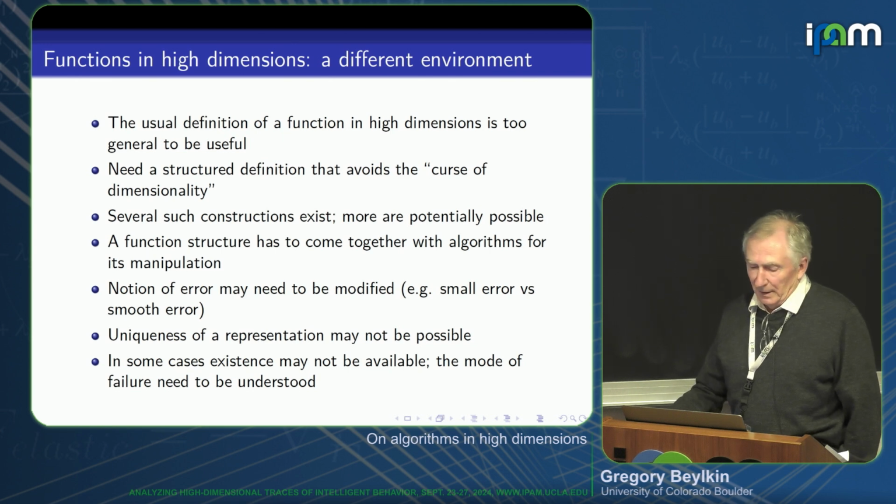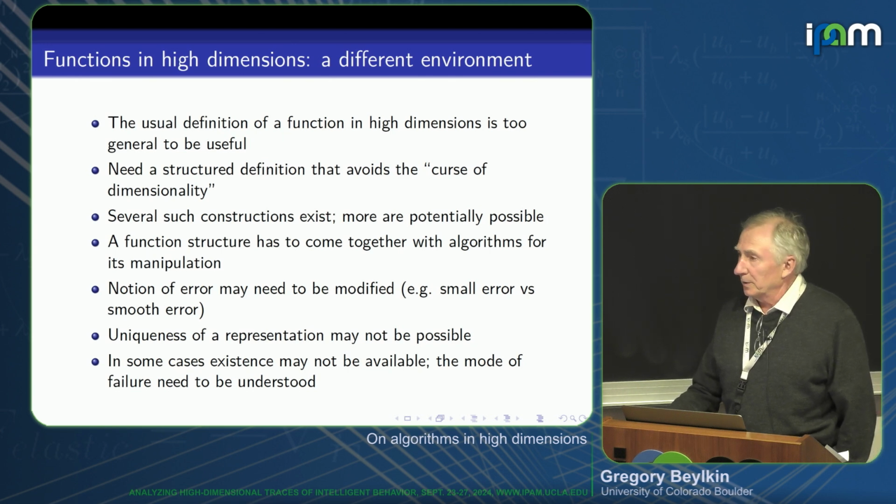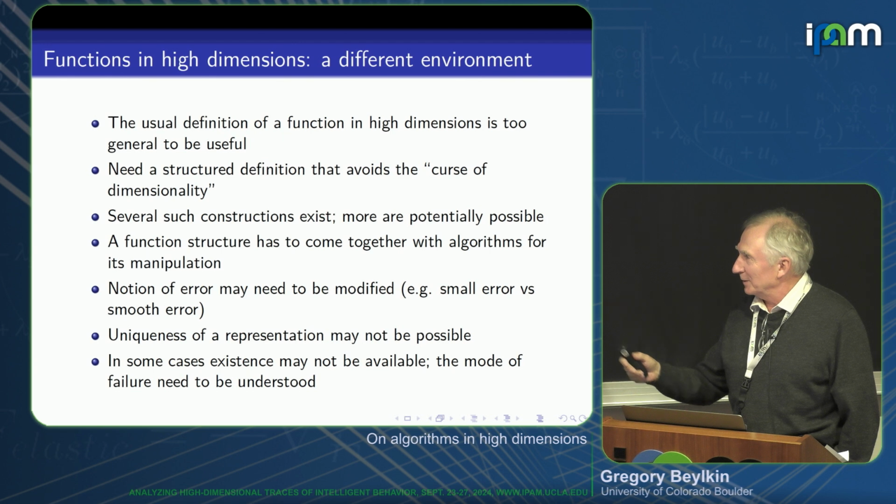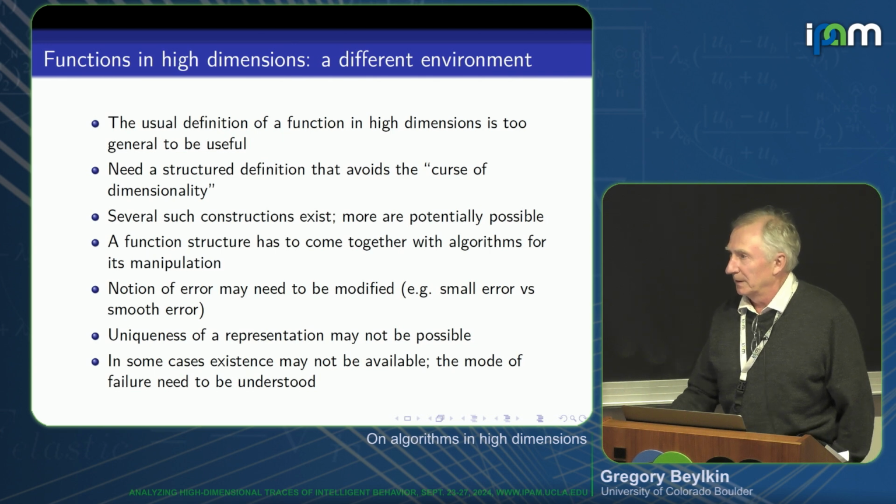So now, representation may not be possible at all, and may not be unique. All these things run against the common view of mathematicians. They're happy when things are unique and exist. But in this world, you may have to give up some of this. It doesn't mean that you cannot use it.